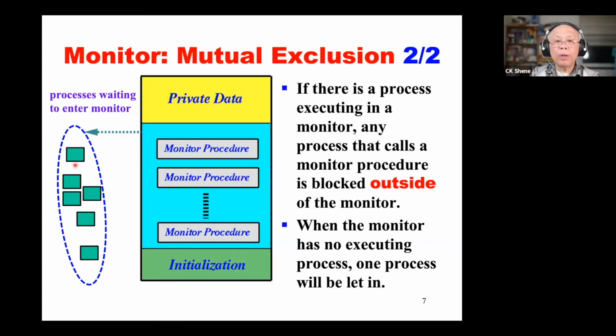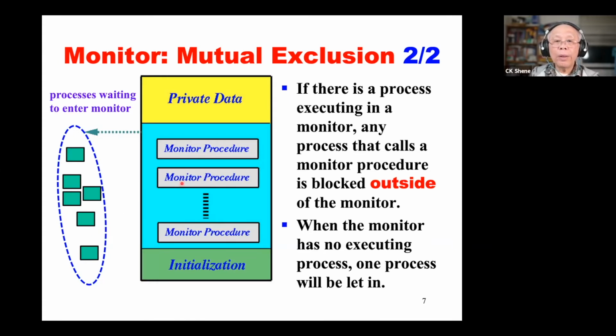So when a thread or a process calls a monitor procedure, and if someone is already executing in the monitor, the caller will be blocked outside of the monitor. Just like processes or threads that are blocked by a mutex or a semaphore, we really don't know, and we should not assume any ordering. So the blocked threads or processes just form a set, not an ordered set.